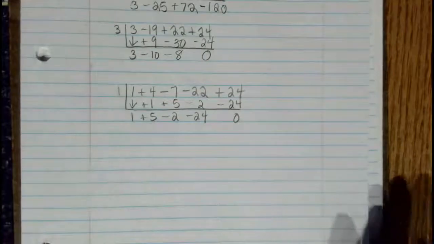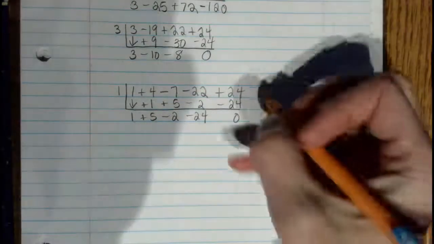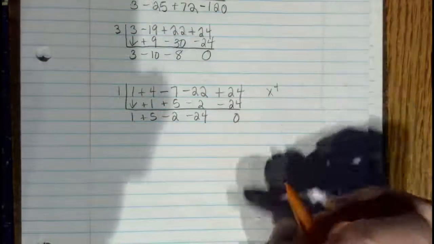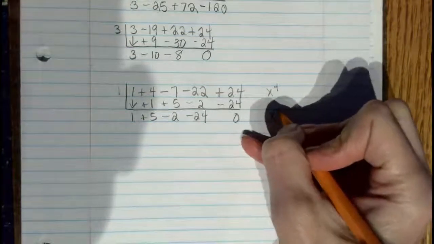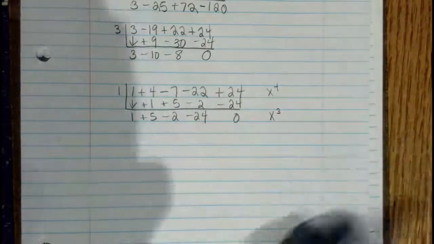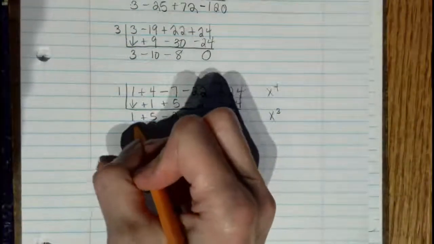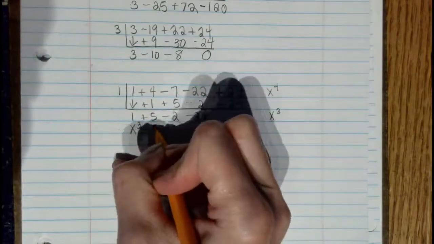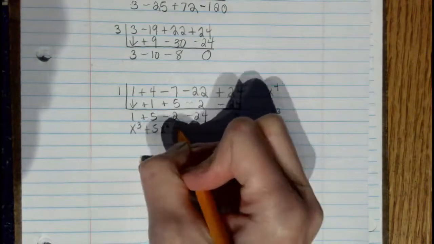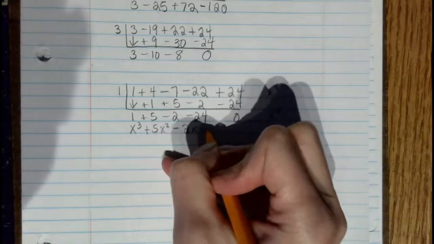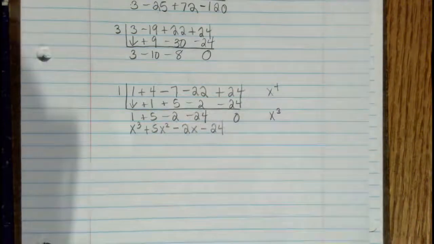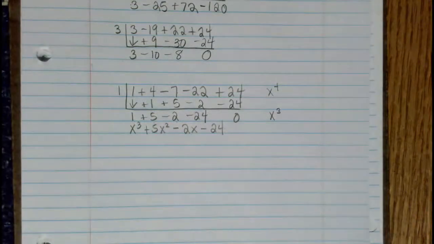So, we started with x to the 4th. This was a 4th degree. So now this is going to be a 3rd degree. We decrease each time we divide. So this is x cubed plus 5x squared minus 2x minus 24. Unfortunately, as I take a look at that, I see that I cannot factor that expression.